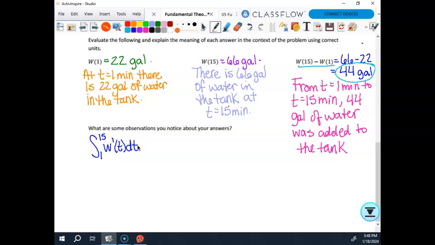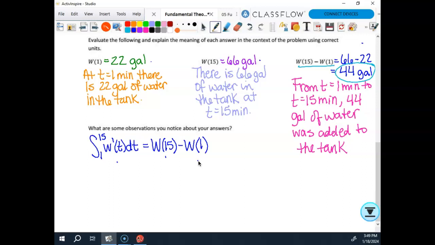That is the accumulation of water from 1 to 15 minutes. How much water flowed into the tank or was added to the tank. That is equal to the amount of water when t equals 15 minus the amount of water when t equals 1. So the change in water is equal to the final amount minus the initial amount.